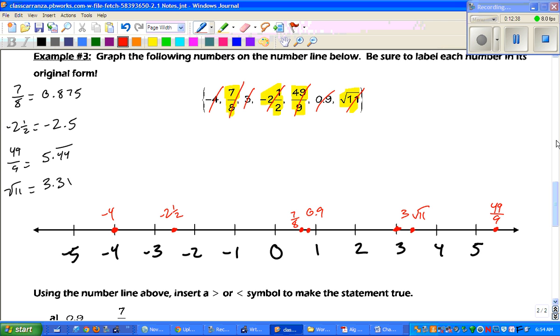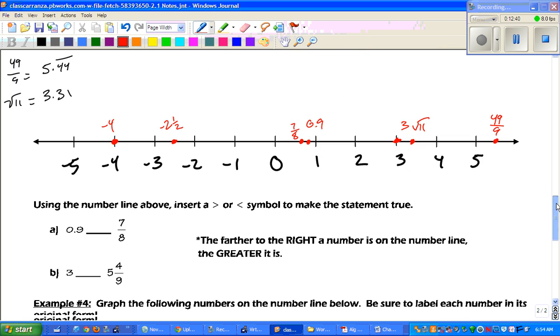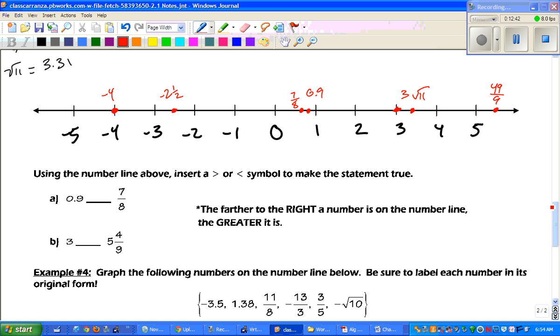There we go. We graphed them. Now it says use the number line above, insert a greater than or less than symbol to make the statement true. Now this says the farther to the right a number is, the greater it is. So let's look at 0.9 and 7/8.